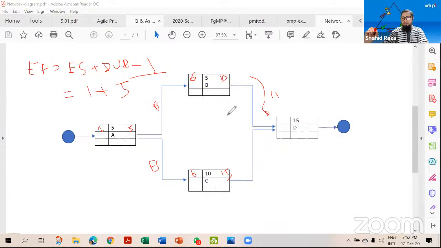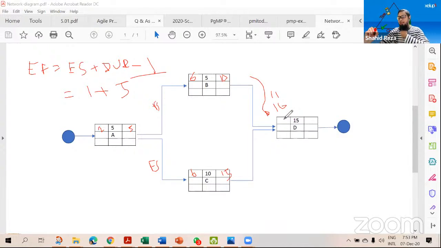This task finishes on the 10th day, that's why we are saying that on the 11th we can start. But no way, because this task's start also depends on the finish of this other task, right? This task is going to finish on the 15th. That means another early start date coming from here is the 16th.